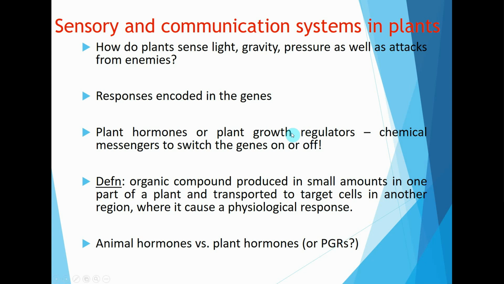So a plant growth hormone or a plant hormone is an organic compound produced in small amounts in one part of the plant, transported to the targeted cell in another region, where a physiological response is caused when a gene is switched on or off.